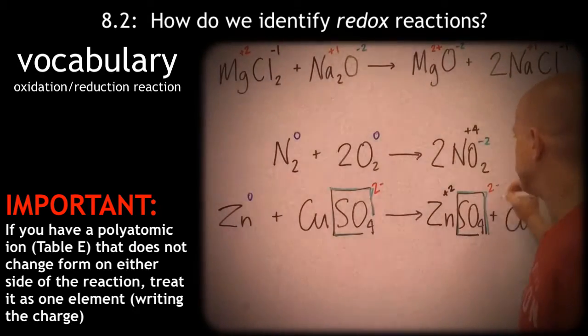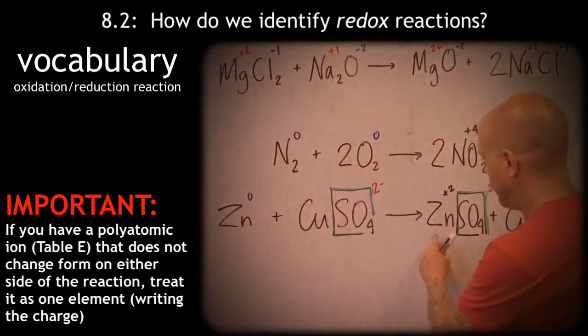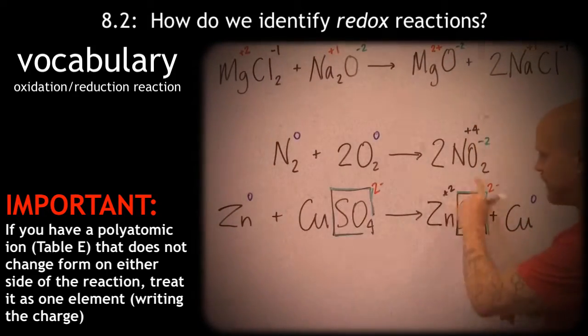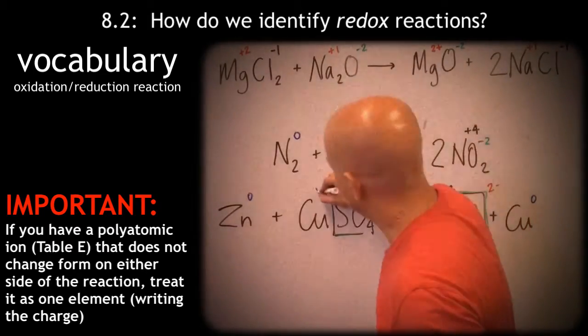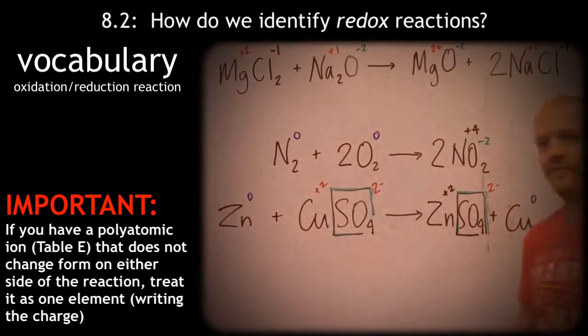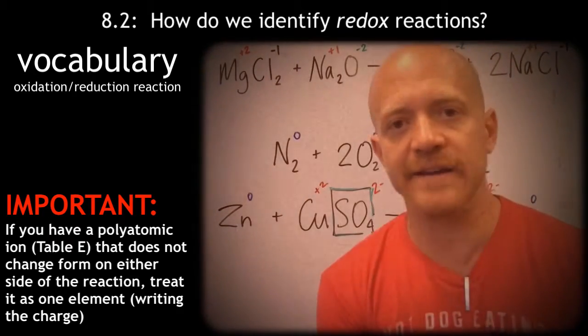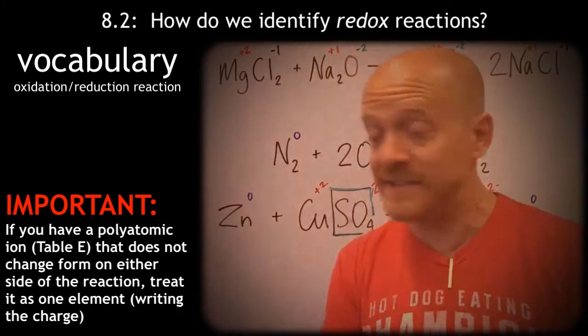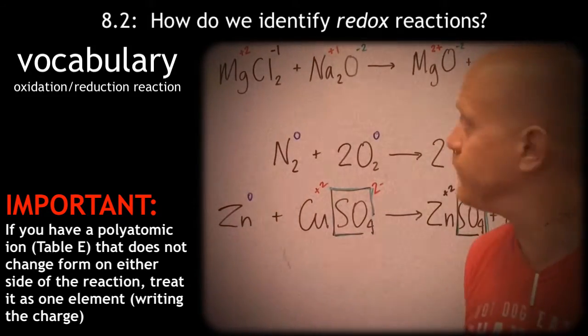Again, 2-. This is a -2, this is a +2. Again, plus 2, minus 2. They both have to equal 0. So since this is minus 2, this has to be plus 2. Okay? That is the first step: identifying the oxidation states of everything that is present in the reaction.